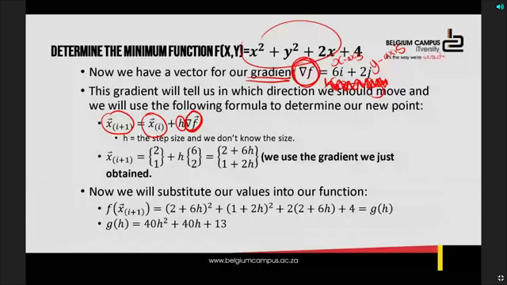Whatever step you are currently at, in this case it's the initial. If you are at step 2 already, then you'll say i plus 2, and the vector here won't be the initial, it will be the initial plus 1, because you would have had your previous step. Every time you build on the next step, because you're moving onwards and onwards, you're not going to move from the initial step every time.